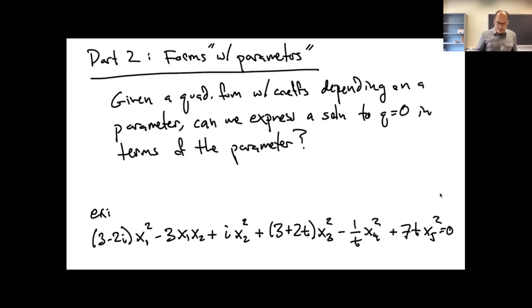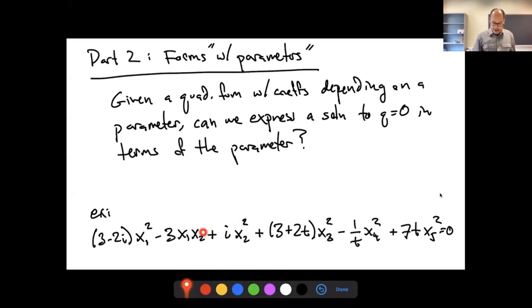So, in this example, what I've written down, here are my variables, these x's, but I also have my coefficients in some imaginary number field. Maybe here I'm imagining that k is something like Q adjoin i, for example. But some of my coefficients have this parameter t in them as well.